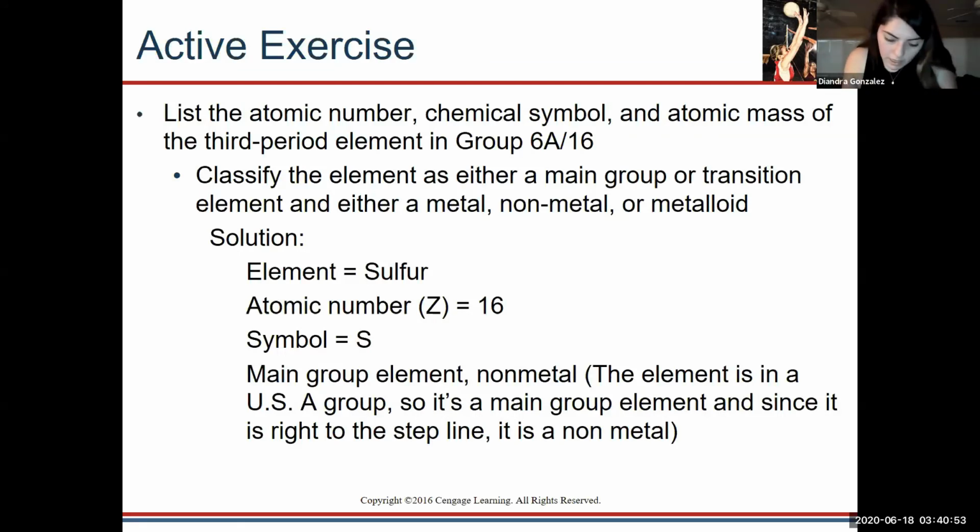Is it 10? Sn? 50. Atomic number 50. Atomic weight is 118.71. And it is a post-transition metal. Piece of cake.